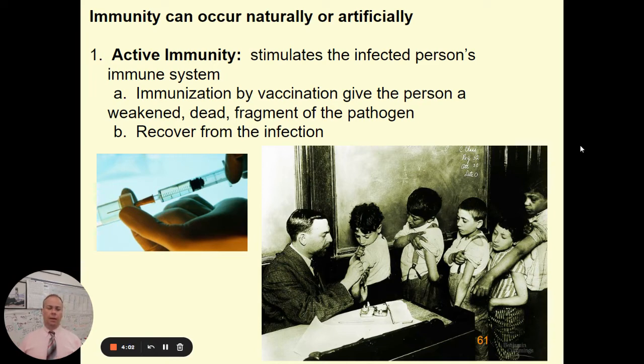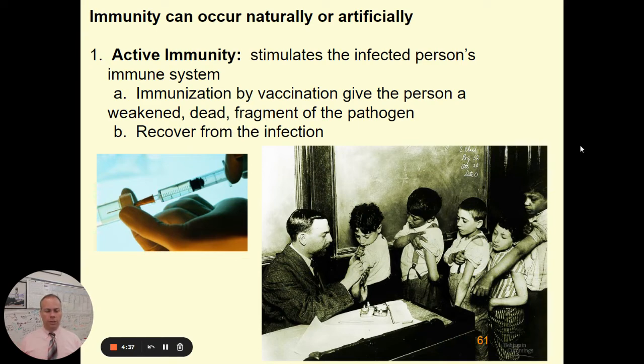A vaccine, an immunization, is exposing a person to either a weakened form of the pathogen, a dead form of the pathogen, just a part of the pathogen, and that will start an immune response in which the immune system recognizes the dead pathogen or the part of it, creates antibodies, which will then stay in circulation, allowing for long-term protection from this pathogen. That's how vaccines typically work.